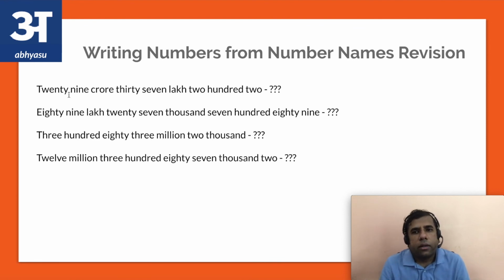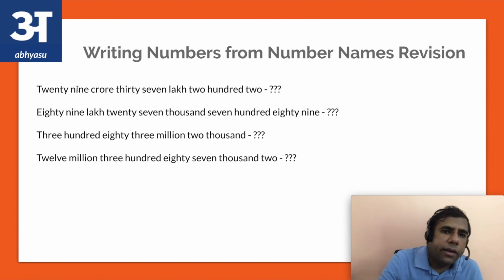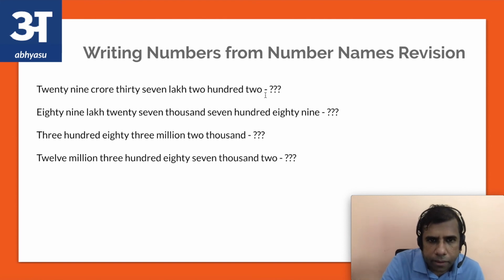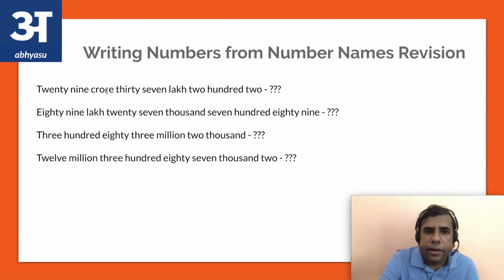Let's look at how do we do the other way around. You are given a number name and you want to write a number. 29 crore 37 lakh 202. The way we do that is we just keep on writing the number as we read it, giving commas at appropriate places, and putting zeros for the things that are not mentioned.